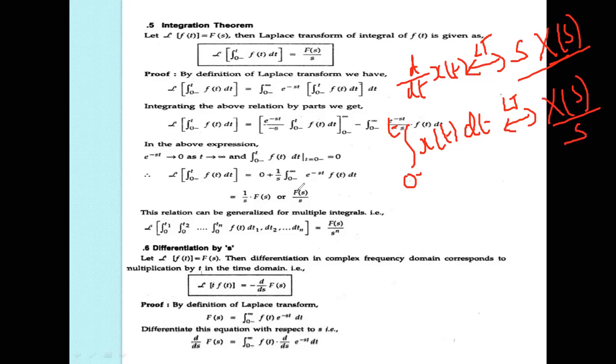If it is the nth derivative, d power n by dt power n. And if it is an integral from 0 to t1, t2, up to tn, applying the integral n times, it becomes X of s by s power n.